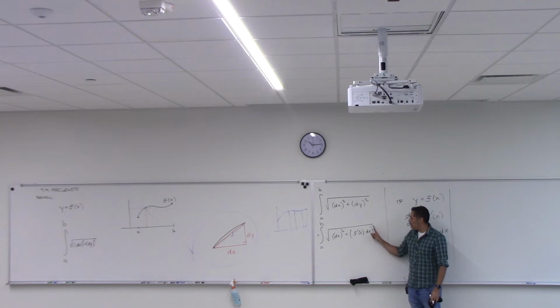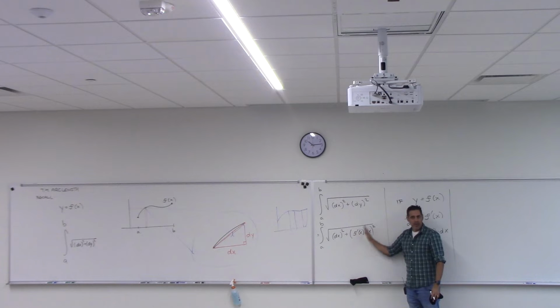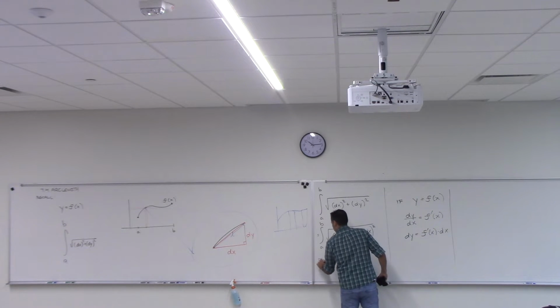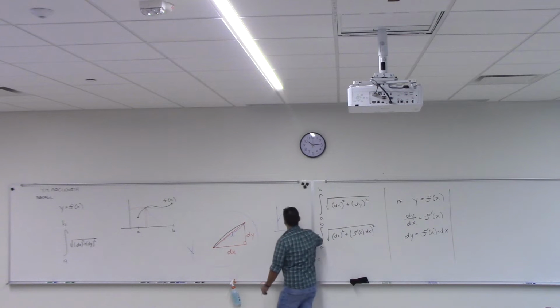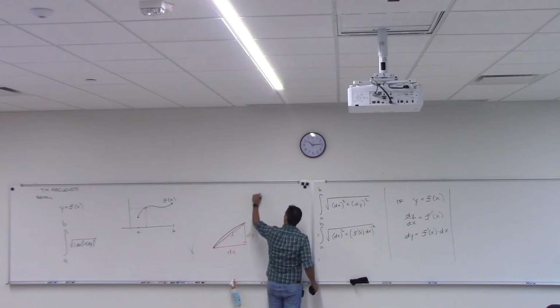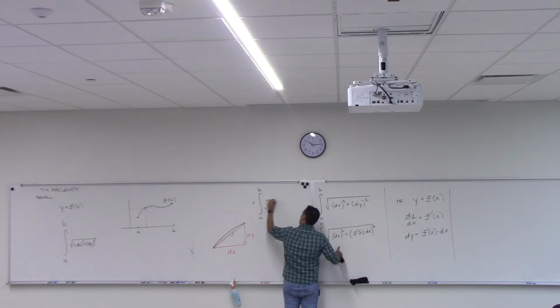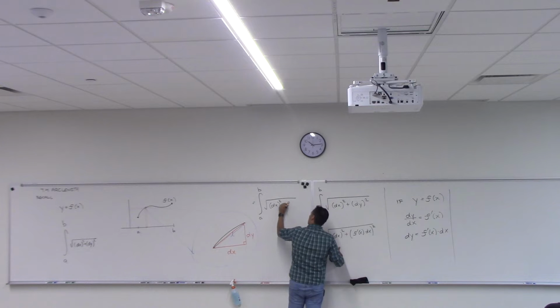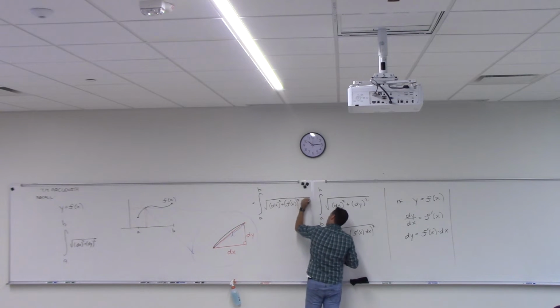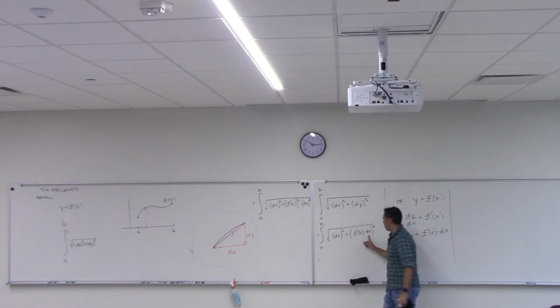And when you square two things that are multiplied, you square each one, don't you? So if I square each one, we get the integral from a to b, the square root of dx squared plus f prime of x, whatever the derivative is, take that and square it, but then times the dx squared. So I just squared each of these.